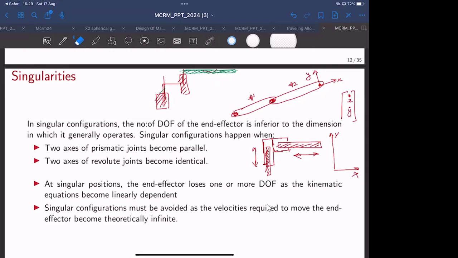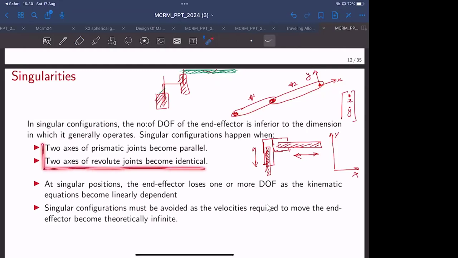In 2-hour robots, or robots with very few joints, this singularity will only happen at the extremes of the workspace, like when the arm is fully stretched or when the arm is fully folded. But in the case of robots that have more joints, singularities can happen within the workspace.